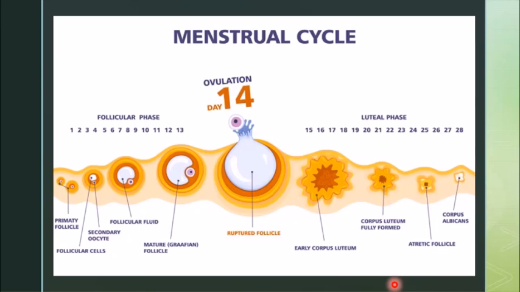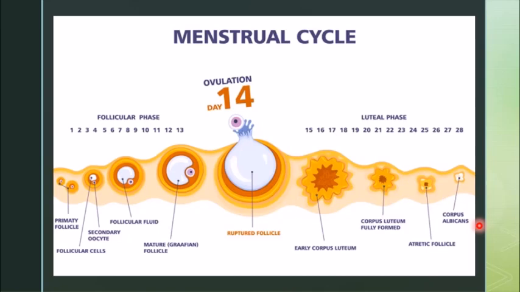Now, if the implantation takes place, then this corpus luteum will remain as it is, and the secretion of progesterone and estrogen will continue. But if the implantation does not take place, then this corpus luteum gets transformed into corpus albicans, because of which the progesterone and the estrogen level decreases, and the endometrium lining is also ruptured.